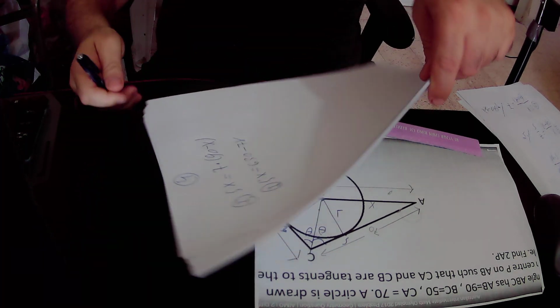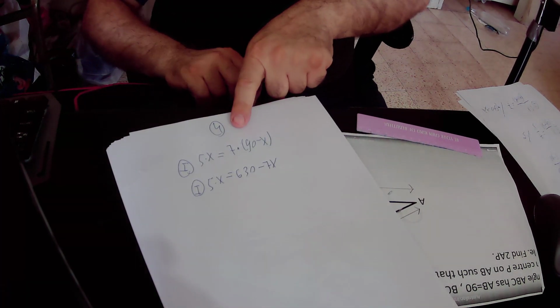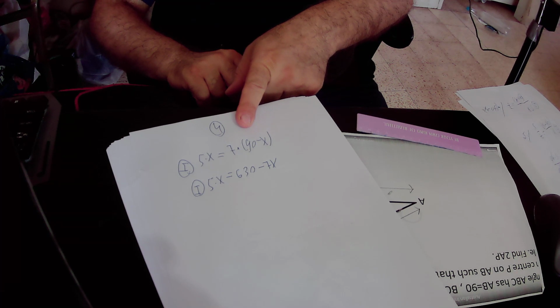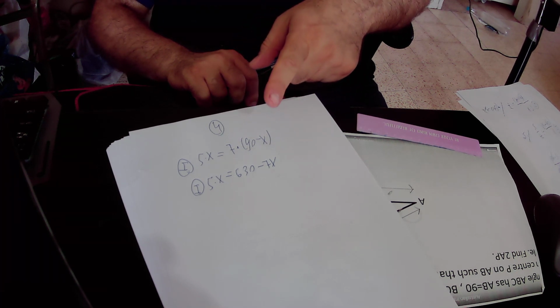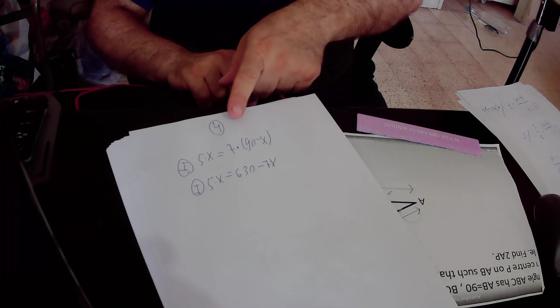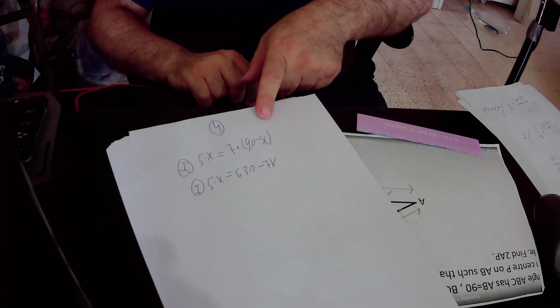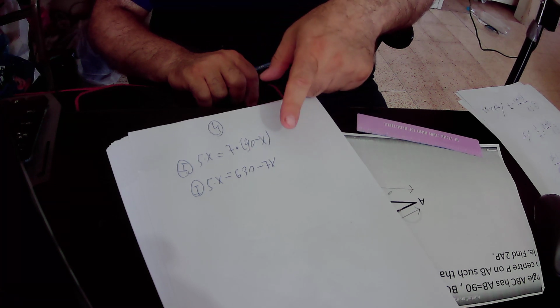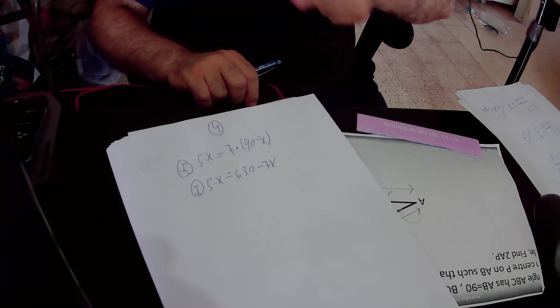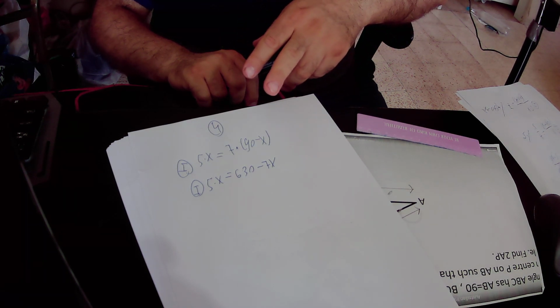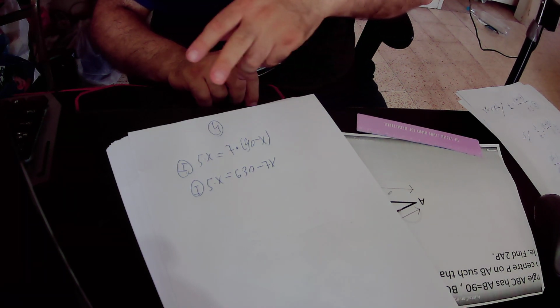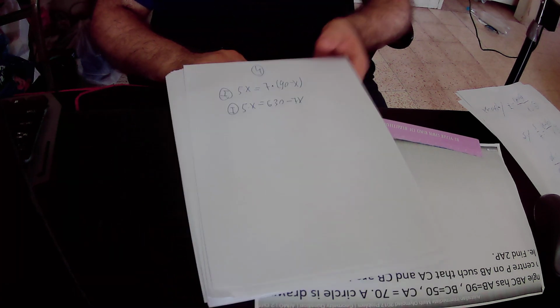Here 7 times 90 equals 630, and 7 times minus x equals minus 7x. So we can add 7x to both sides of the equation.